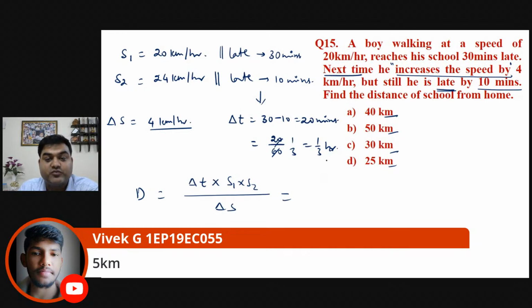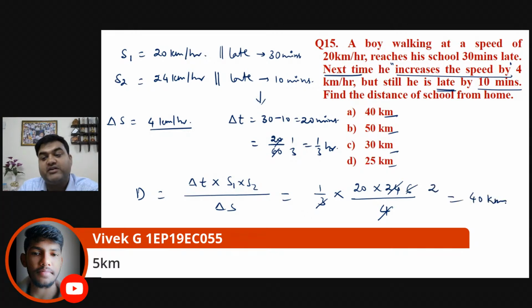Delta t is 1 by 3. What is s1? 20. What is s2? 24, divided by delta s. Delta s is equal to 4. So 6 times 2 times... 40 kilometer is the answer. Everybody got it? Option A, 40 kilometer is the answer.